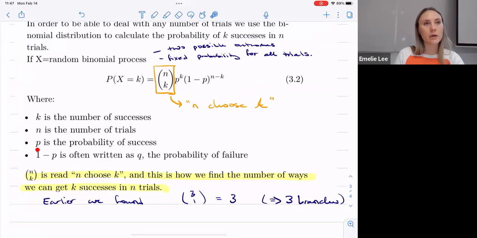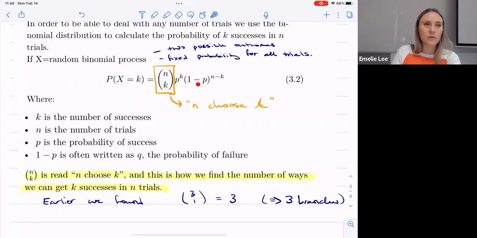So the probability of success we're going to denote by p, and in our case p was 0.2, the probability of a shot going in, and k was 1, because I'm interested in exactly 1 shot going in. So then I had 0.2 to the power of 1, which is just 0.2. So far it matches what we were doing earlier, and that's the beauty of it.